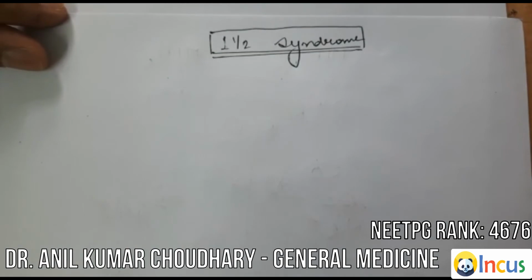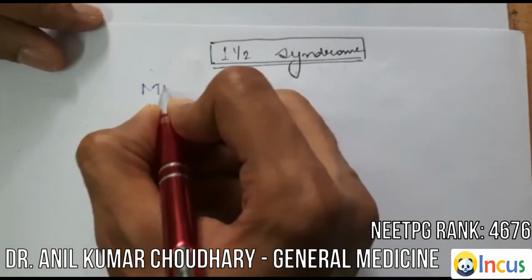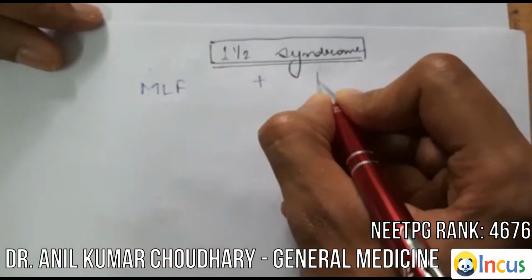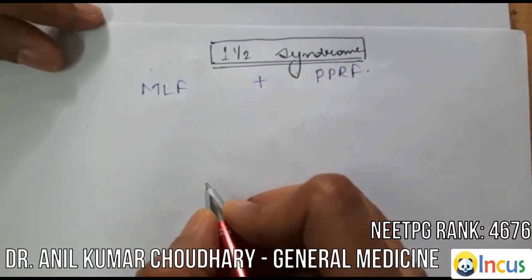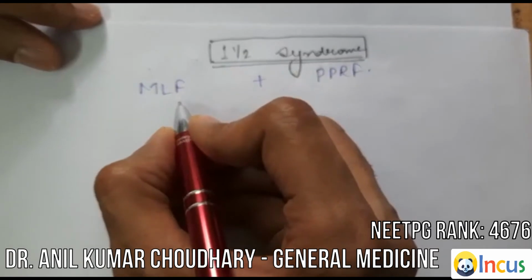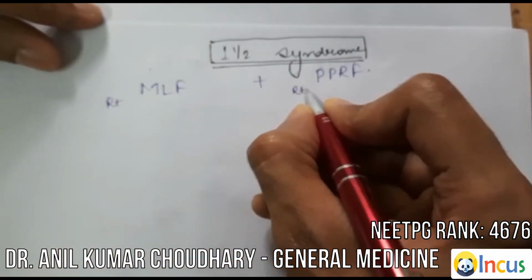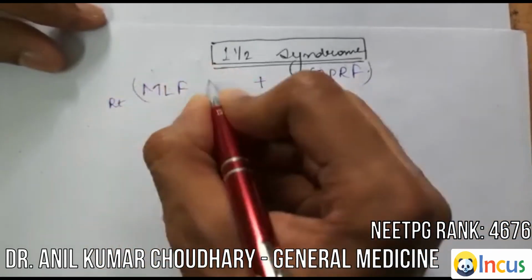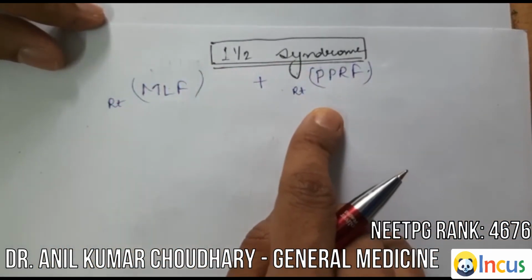The basic pathology of 1.5 syndrome is that there is a lesion of both the medial longitudinal fasciculus as well as a lesion of the parapontine reticular formation. How to understand this? Let us take the example that there is a lesion in the right side of the medial longitudinal fasciculus as well as a lesion in the right side of the parapontine reticular formation. So this is basically the same side we are taking.